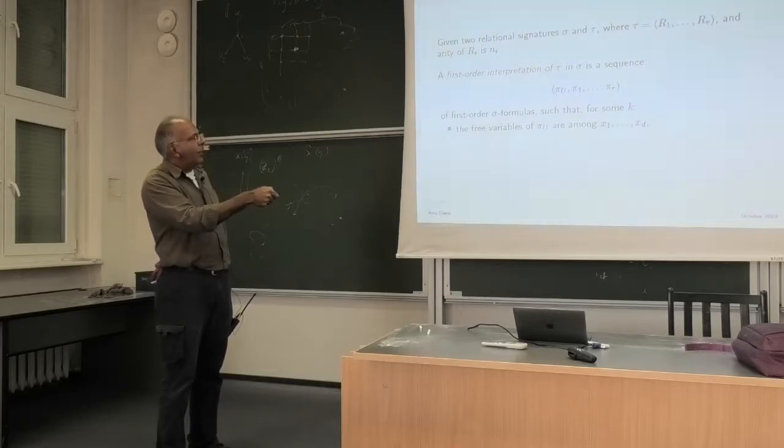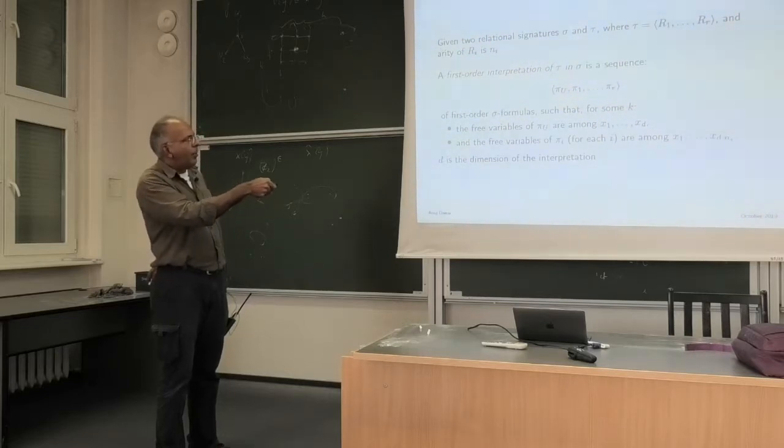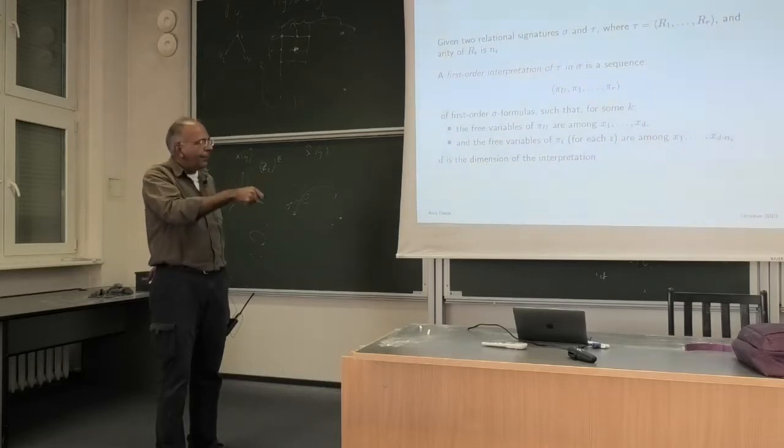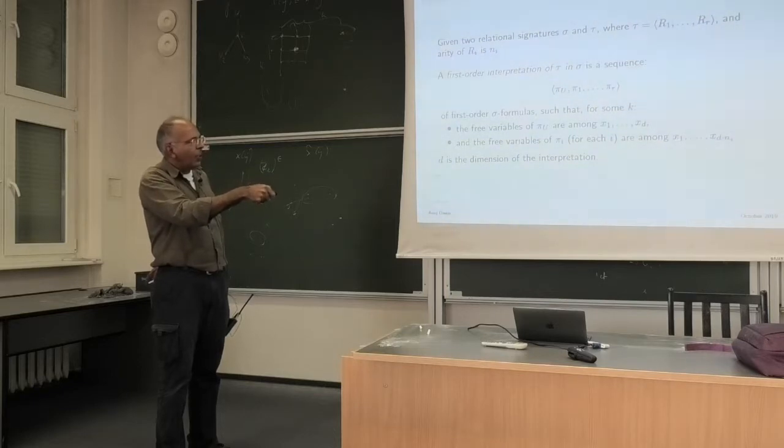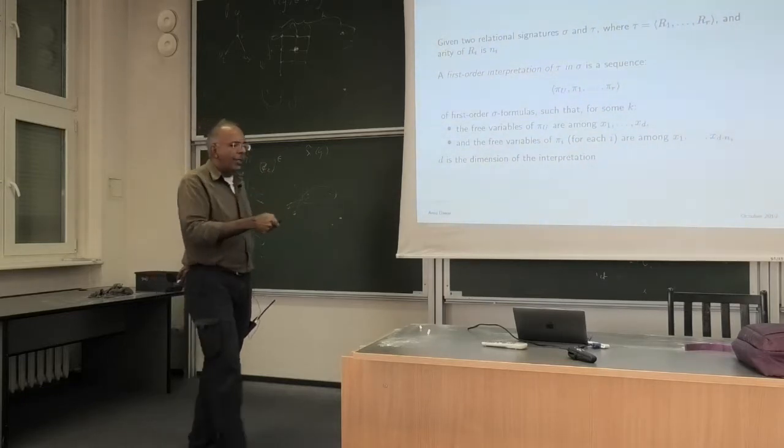We have a collection of first-order formulas such that, for some d, the free variables of pi_U are among x1 through xd, and there's one formula pi_i for each relation symbol R_i in tau. Each of these formulas is in the vocabulary sigma, and pi_i has free variables among x1 to x_{d times n_i}, where n_i is the arity of R_i. We call d the dimension of the interpretation.